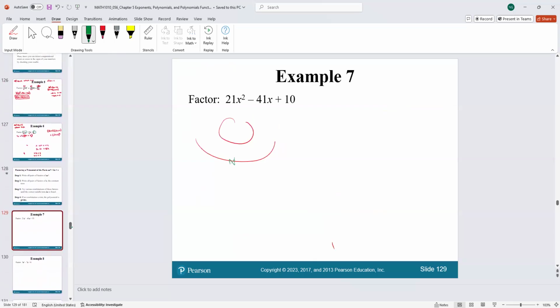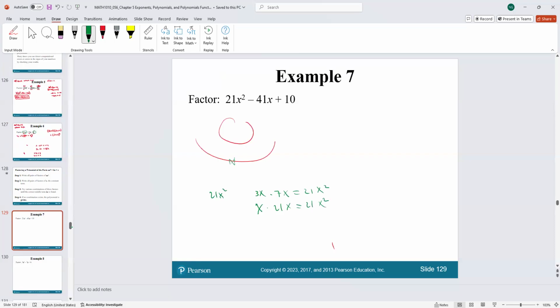I'm going to try this one, but look at this one. When I take 21x squared, I can say I take 3x times 7x, which gives me 21x squared. I can also say x times 21x gives me 21x squared.